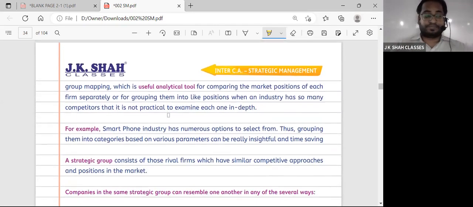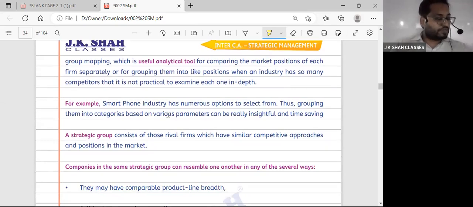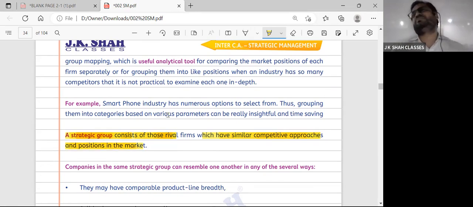A strategic group consists of those rival firms which have similar competitive approaches and positions in the market.